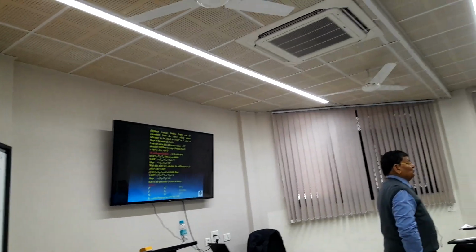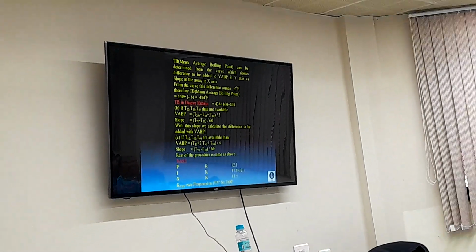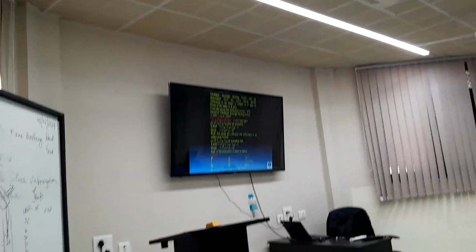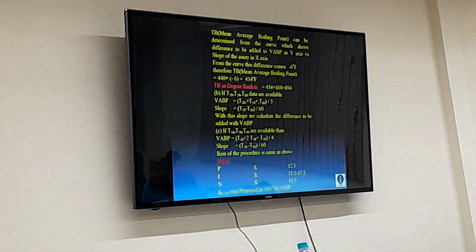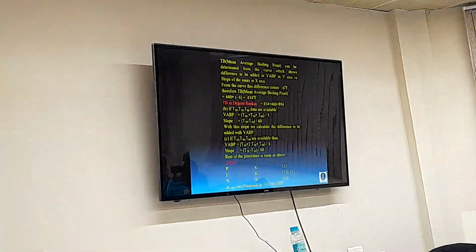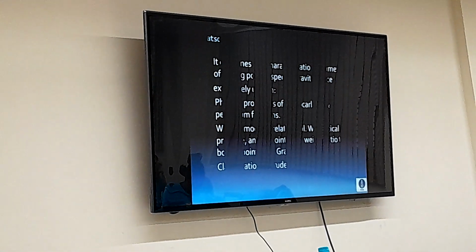But for the product also, there was an initial boiling point and final boiling point? No, for product you have to take T70 minus T10 upon 60. It is written over here.